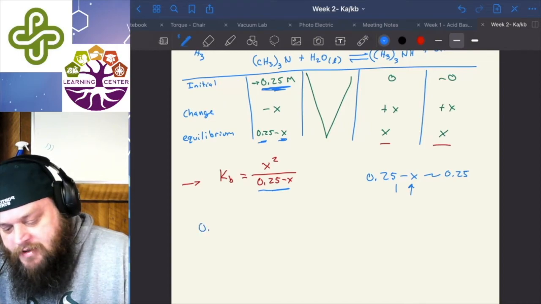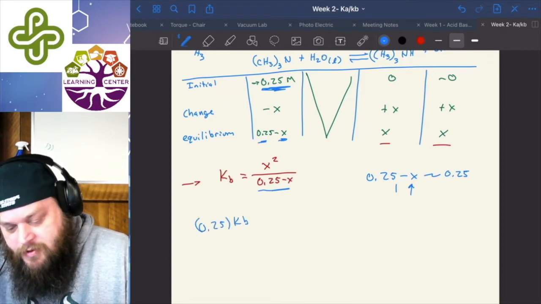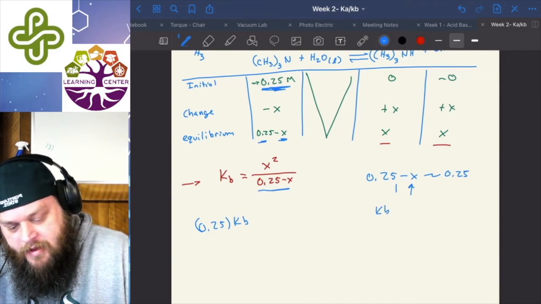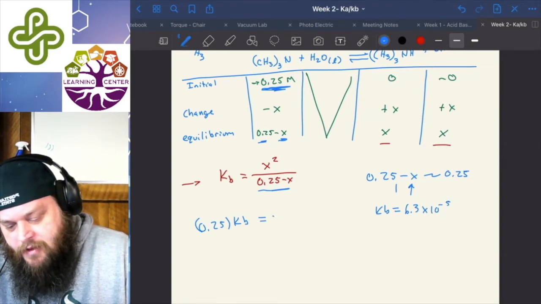So then that means that 0.25 times Kb, which we have a value for now, Kb is equal to 6.3 times 10 to the -5, is going to equal x squared. And we can just take the square root of both sides.